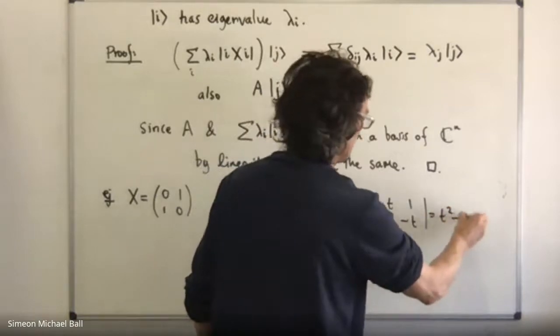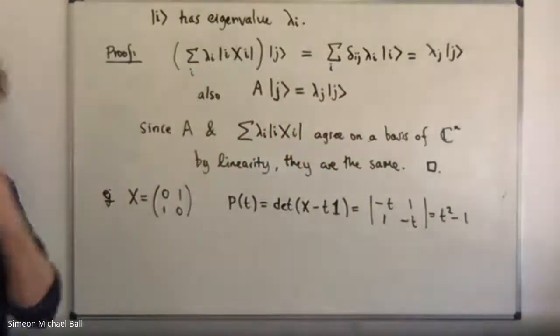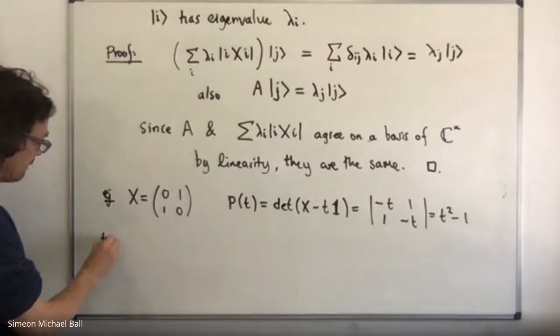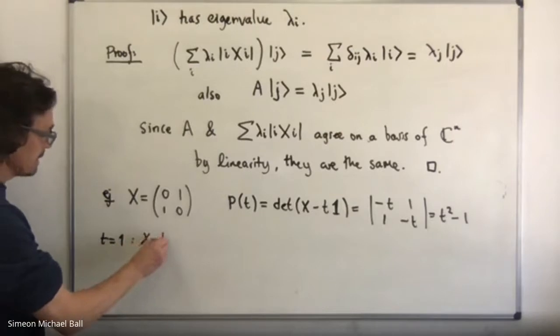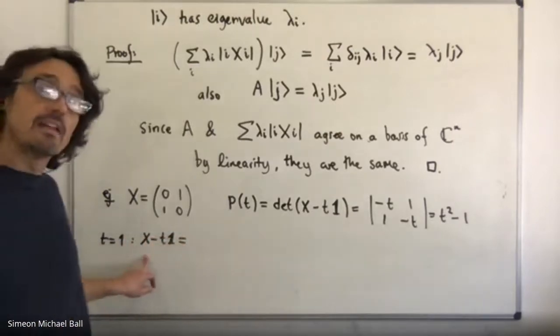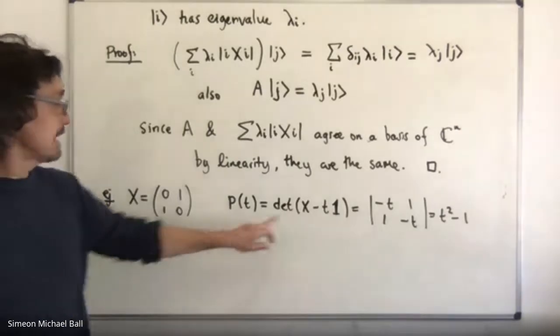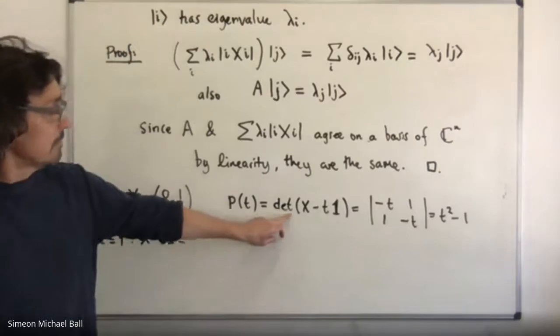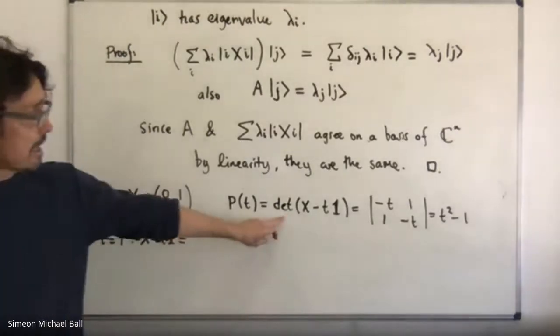So we get two eigenvalues, lambda is 1 and lambda is minus 1, and then for each one, when t is 1, you look at x minus t times the identity. You know that this matrix has rank at most 1, has rank less than or equal to n minus 1, since the determinant is 0.